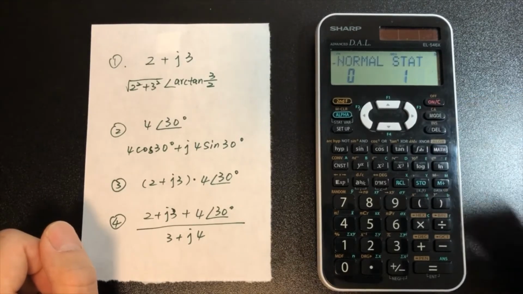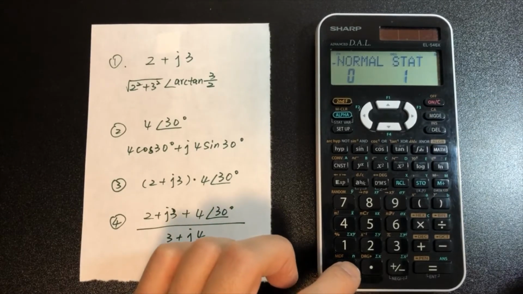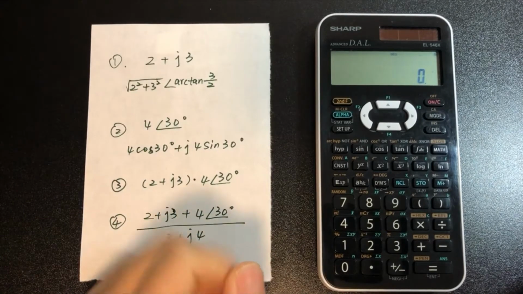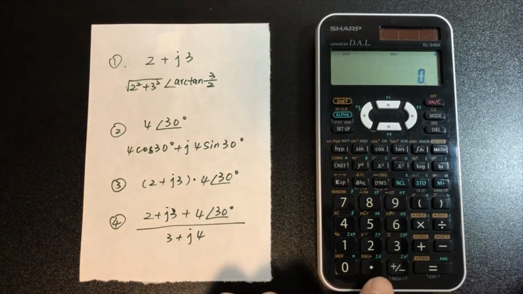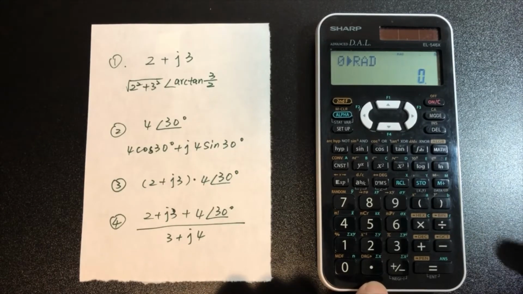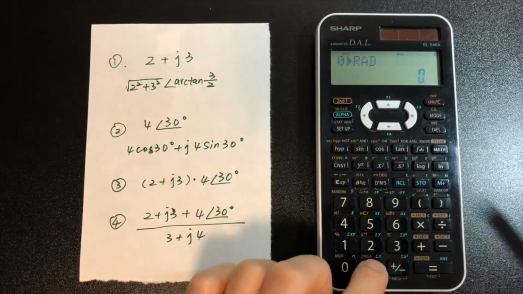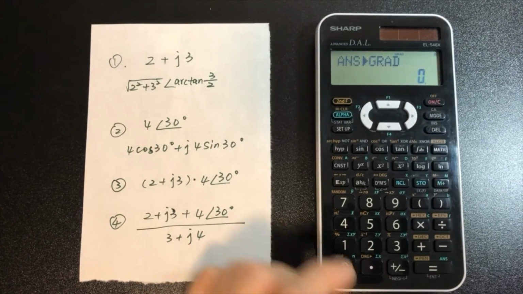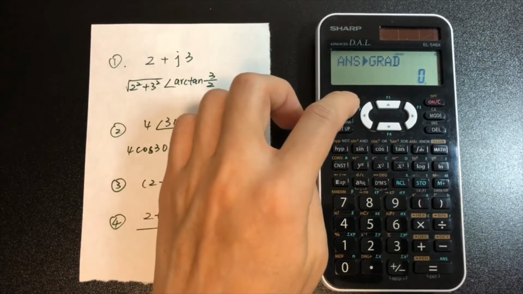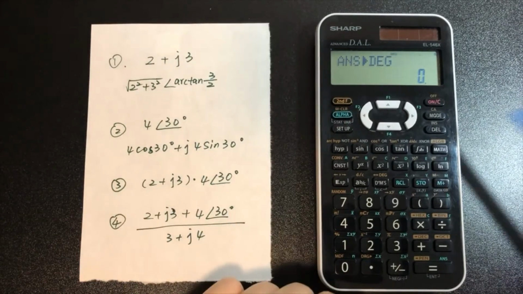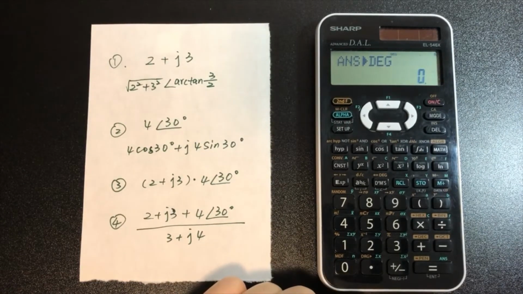So you press the mode, press 0, that is normal mode, and use second function and press this dot button. Now you can see the unit is changed to radians, right? You do one more time, it's changed to gradients. Do one more time, you go back to degree. All right, that's how we change the unit of phase.